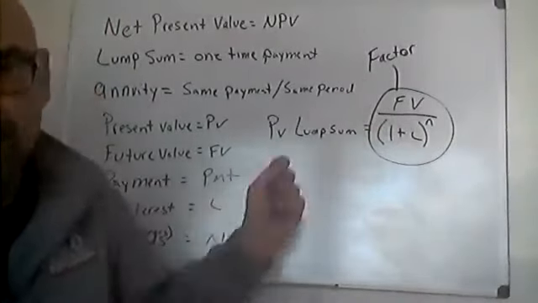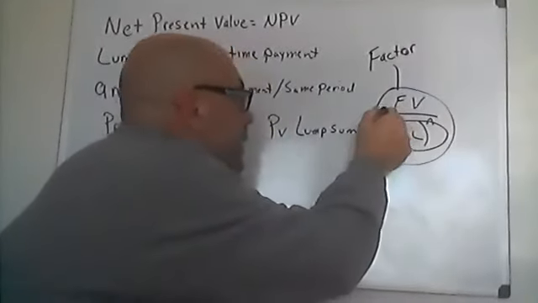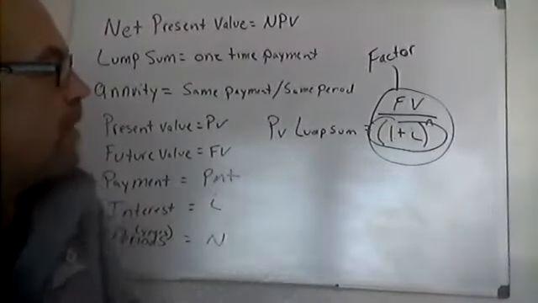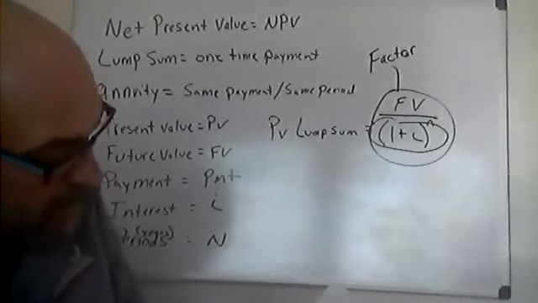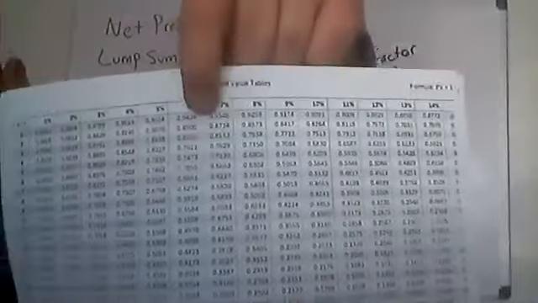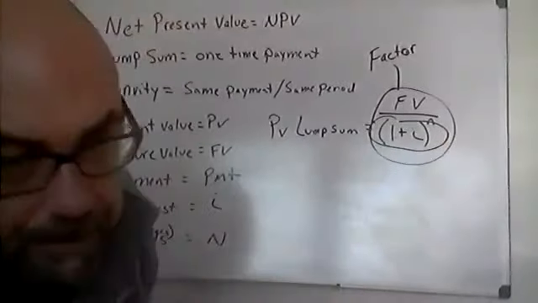Instead of having to do the algebra for this little part right here, that is what your factor is. It is all broken out into this chart. So if you can find your I and your N, you go on your chart, match them up, and you will find the number that plugs in on the bottom right here.